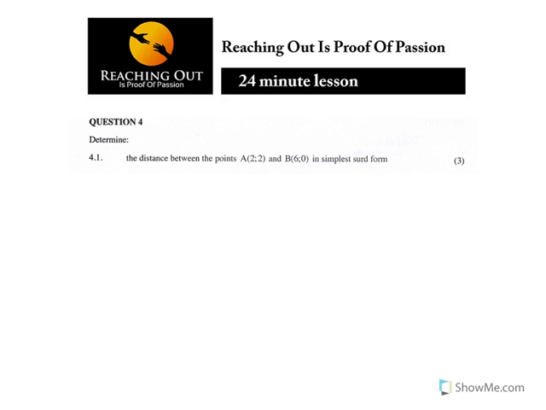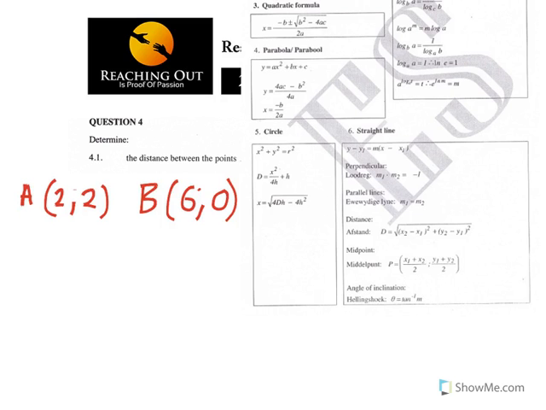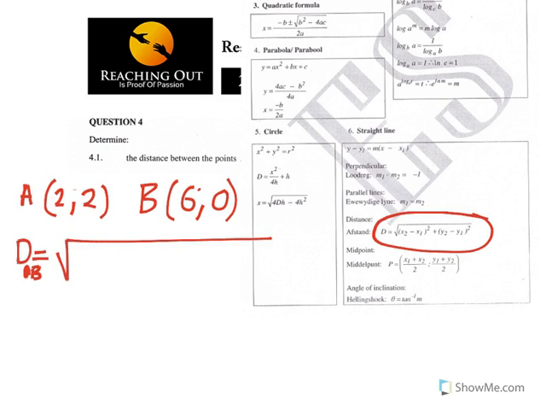Now let me pull out the distance formula. Looking at the distance formula, what you need to do is to write it as d as it is. You can see d is equal to, but in this case d of AB is equal to the square root of x2 minus x1 squared plus y2 minus y1 squared.